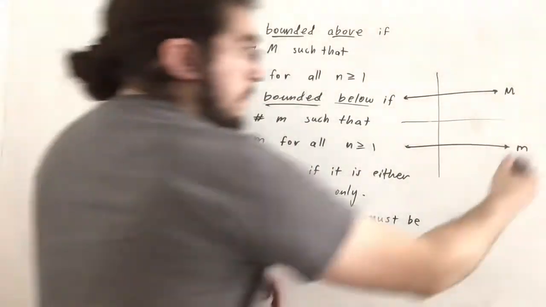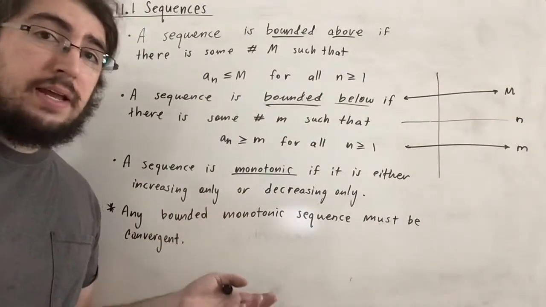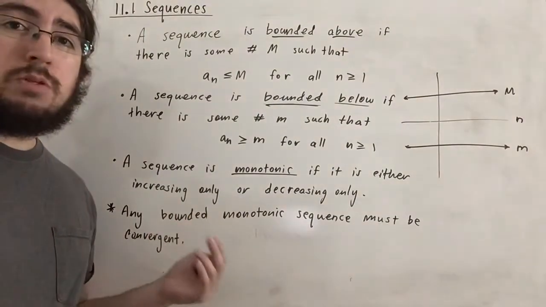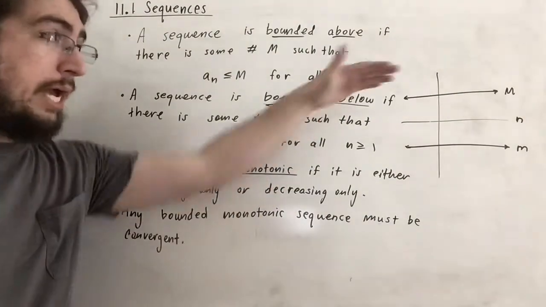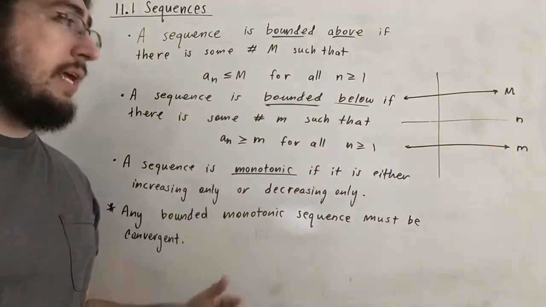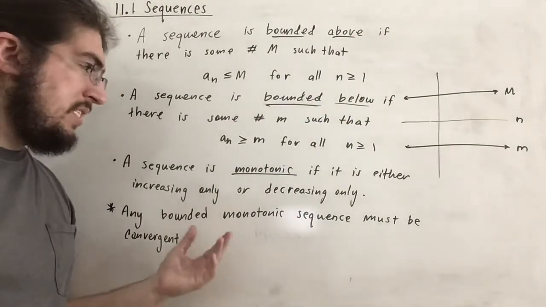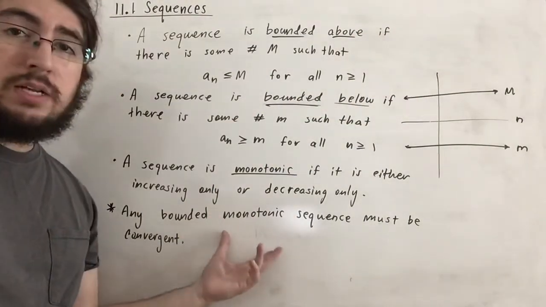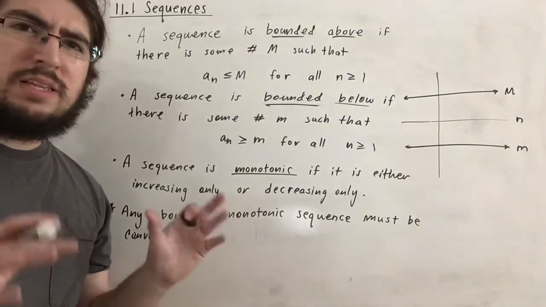So this, of course, represents the n-axis. We're going to be plugging different numbers in for n and seeing what the terms in the sequence will be approaching. Now, since we're bounded above and below by capital M and lowercase m respectively, we can't go outside of our bounds. At the same time, if the sequence is monotonic, then it's either purely increasing or purely decreasing. So you see the issue here?